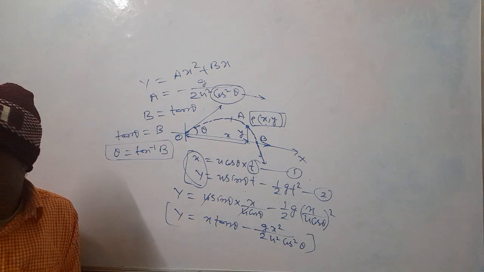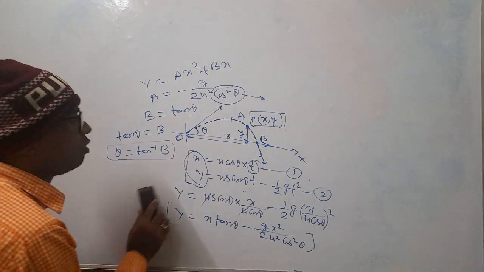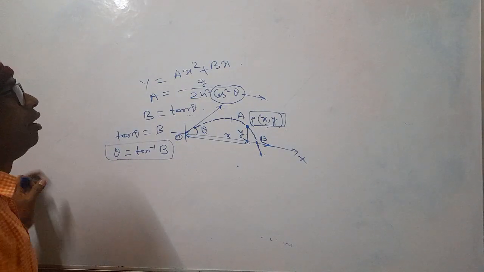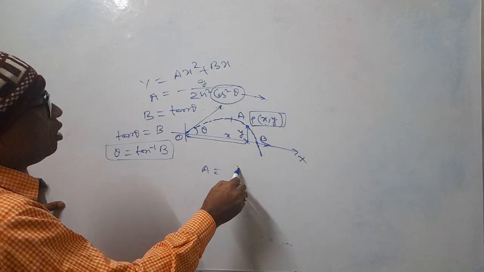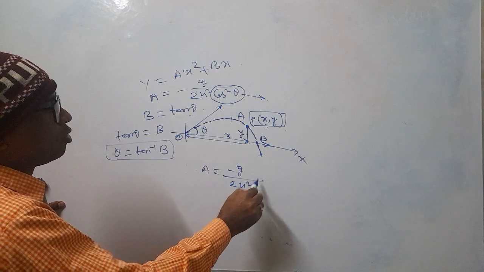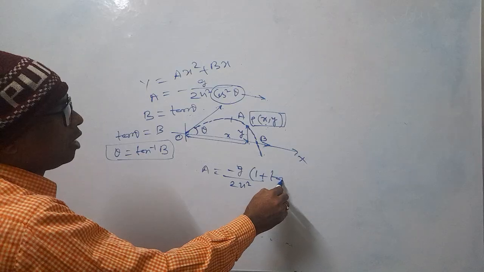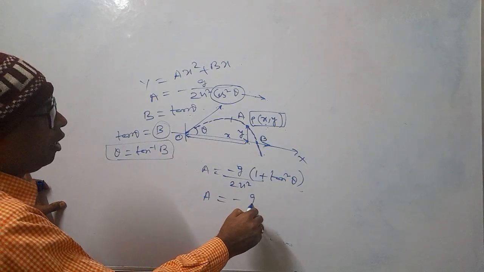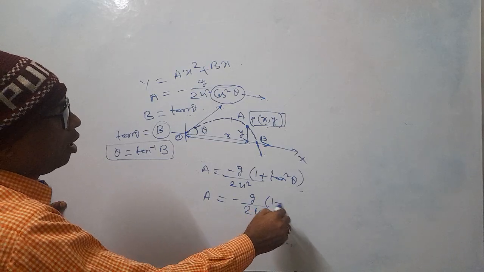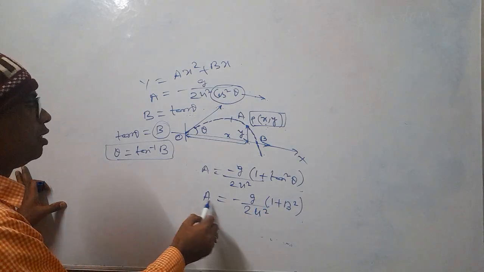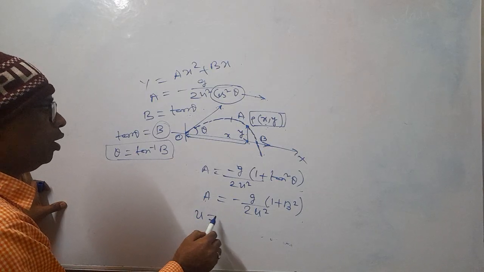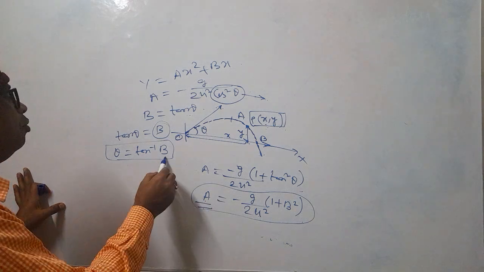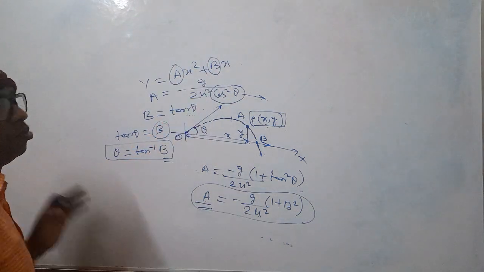So if we write this cos square theta, a equals minus g by 2u square into 1 plus tan square theta, and you know tan theta equals b, so a equals minus g by 2u square into 1 plus b square, and from this you get u. If you know u, then you get a and b. Those are the two coefficients of the projectile motion.